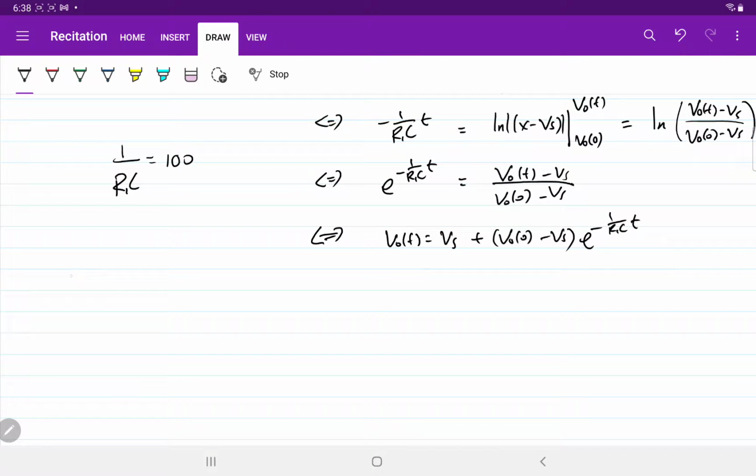So that gives V0 of t equals Vs, which is 400, minus 400 e to the minus 100 t, so 400 times (1 minus e to the minus 100 t). Don't forget the unit is volts, for t between 0 and 15 milliseconds. Okay, so this is the first expression.